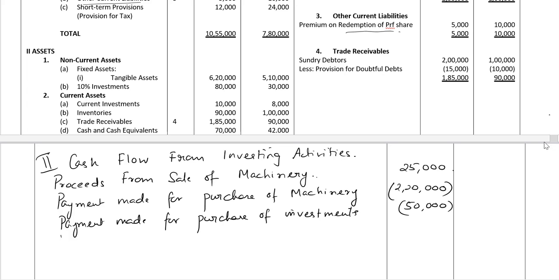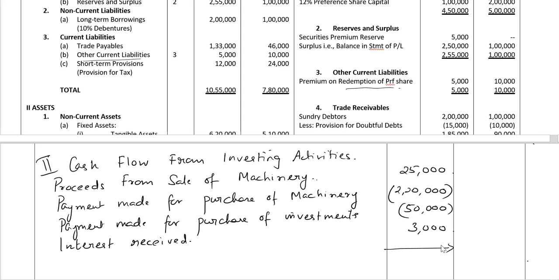Interest received we've already calculated that it's rupees 3,000 inflow. The items are done.